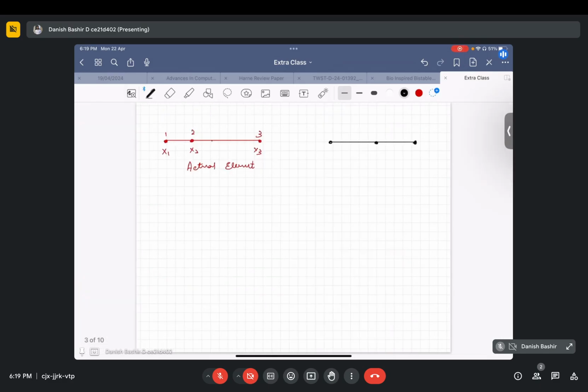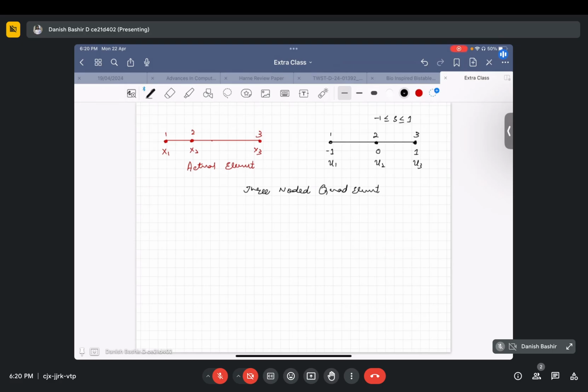It has symmetric nodes, node 1, node 2, node 3. And we know that in the parent element, the domain is -1 ≤ s ≤ 1, so we have to equally distribute. The coordinates will be -1, 0, and 1. I hope people got this point. Let u1, u2, u3 be the nodal values. So this is a three-noded quadratic element.